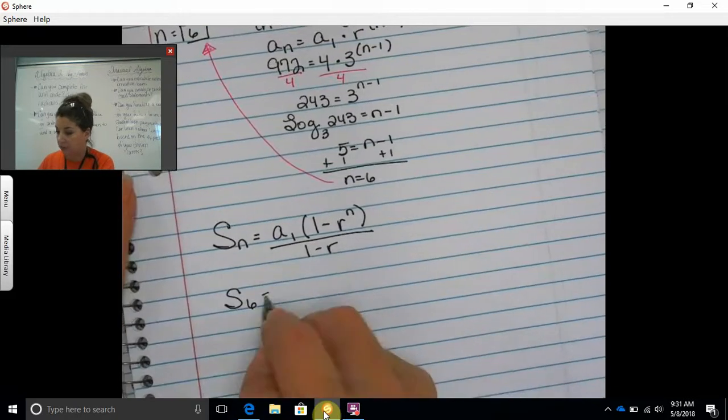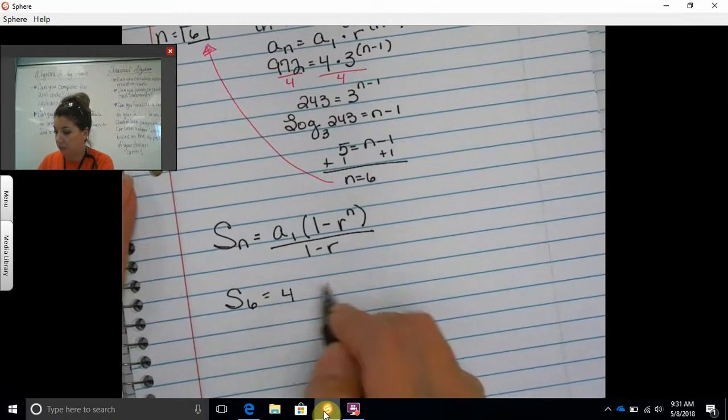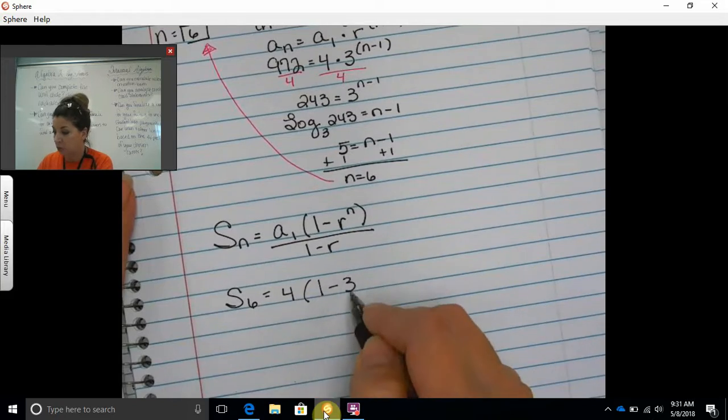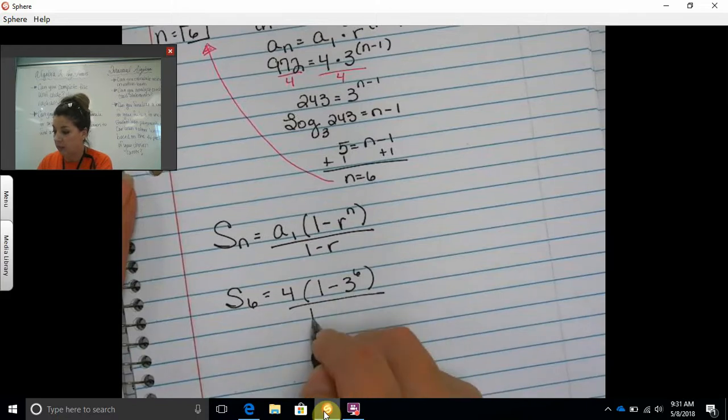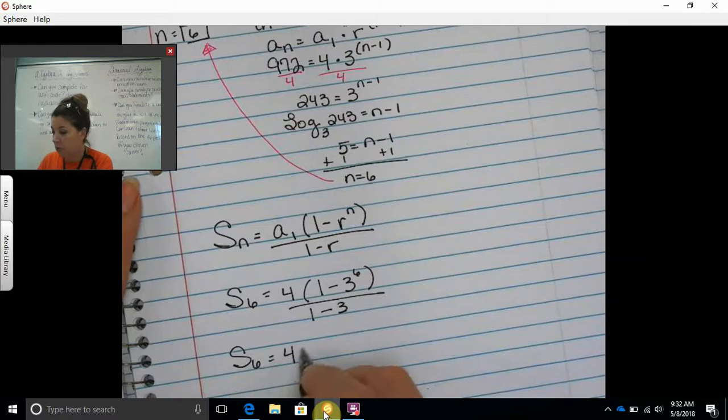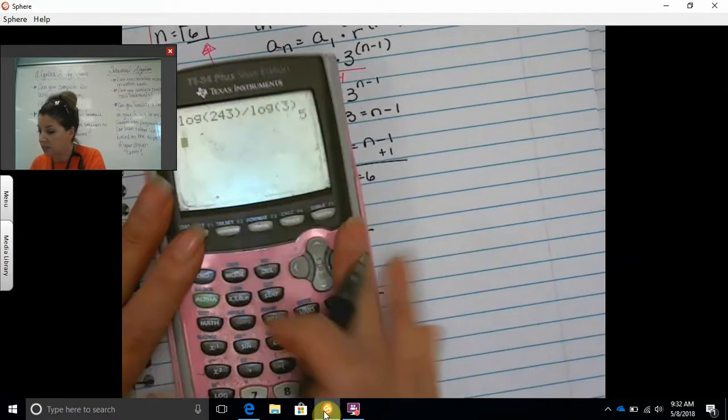So I take the first term, open parentheses, 1 minus the common ratio, raised up to 6, divided by 1 minus the common ratio of 3. So I have a little more room this time. I can show my work. So it's going to be 4 times 1 minus 3 to the 6th power.